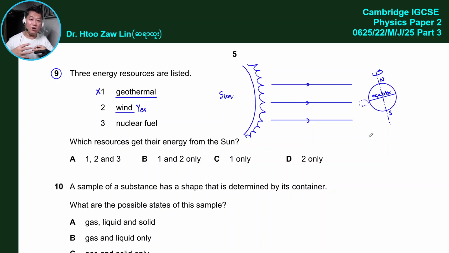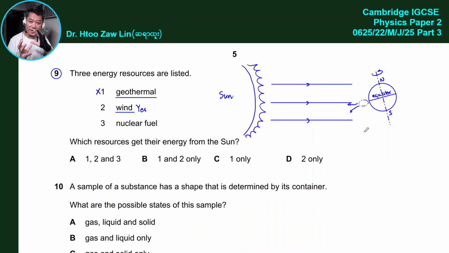You know that hotter air expands and becomes less dense and lighter. So lighter air rises up, creating a low pressure zone behind. So lighter air rises up this way, and that creates a low pressure zone here.